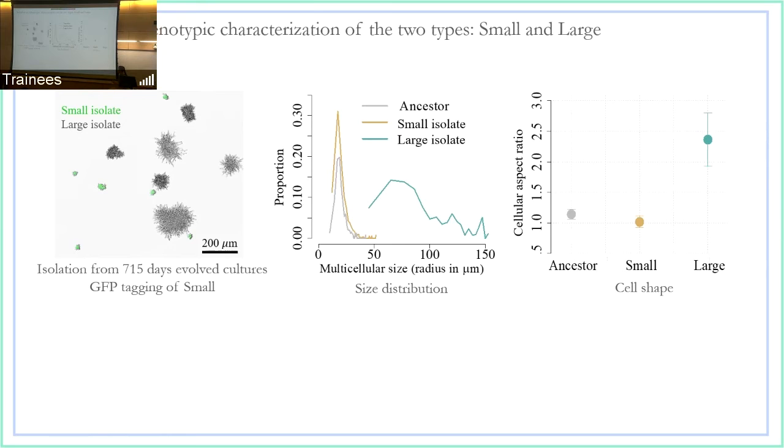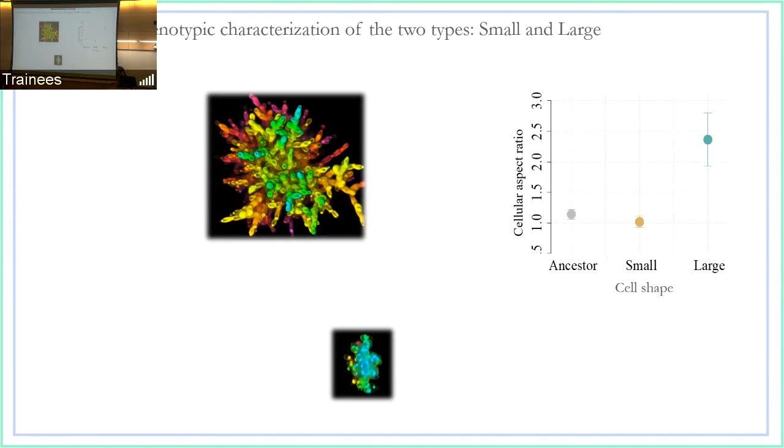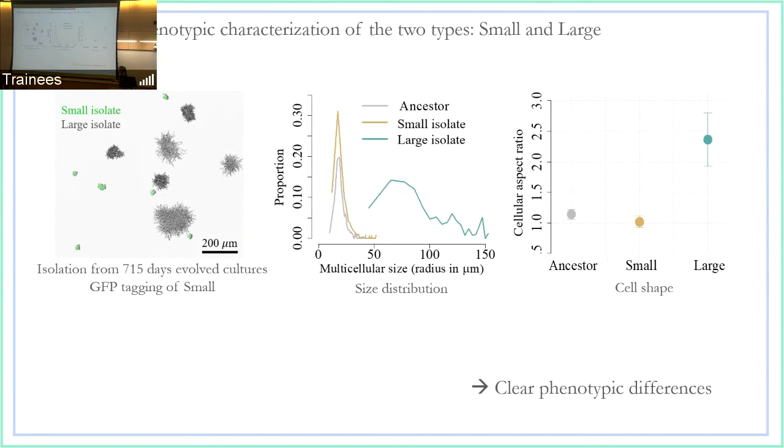This is the result for the aspect ratio for the ancestor. We see that the small clusters evolved rounder cells, as we can see on this picture, they're really round. And the large clusters evolved nearly 2.5 times more elongated cells, as we can see here. So we identified very clear phenotypic differences.